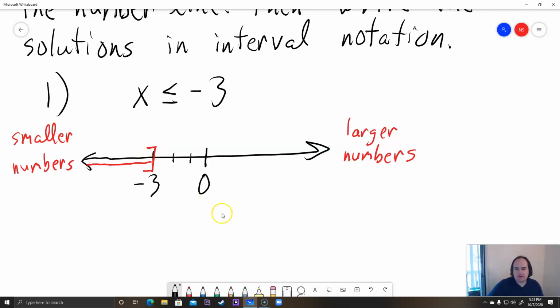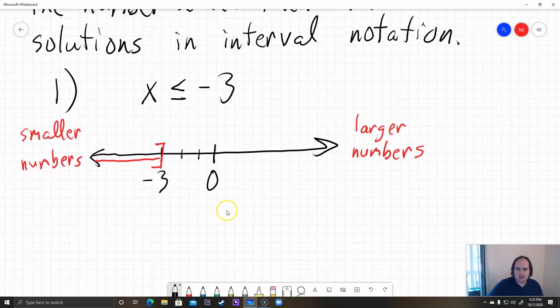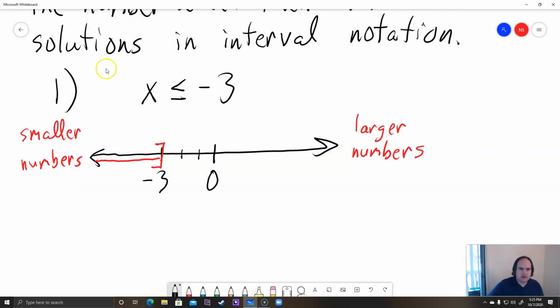And then from the graph, you can get what's called interval notation. Okay, so they asked us to write our solutions in interval notation. For interval notation, you look at this interval right here, and you want to write it out.